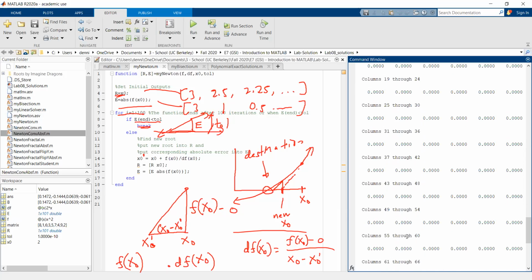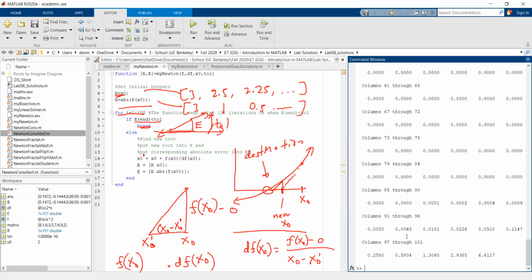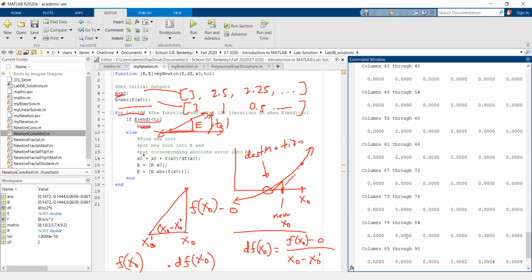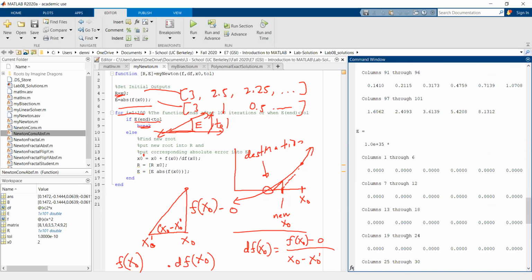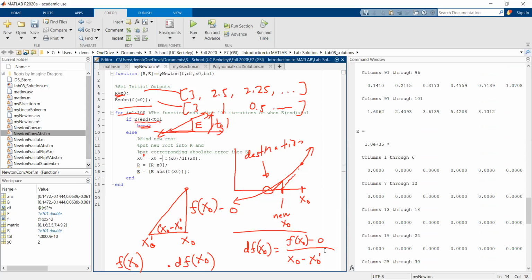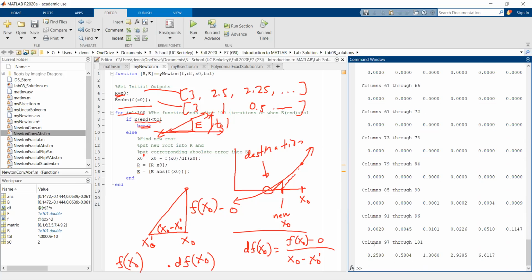Oh, that's interesting. What happened here? So what does this mean? Oh, my mistake. This is a minus sign. This thing blew up because of that one. Thank you very much.